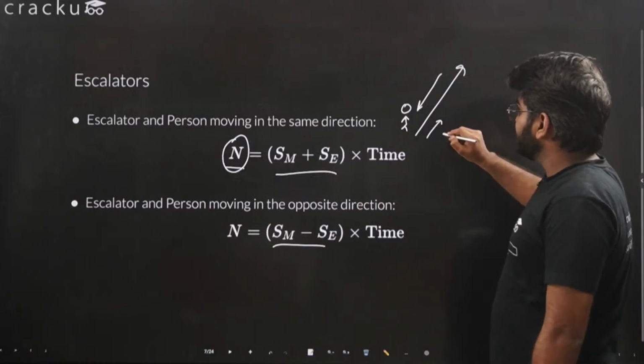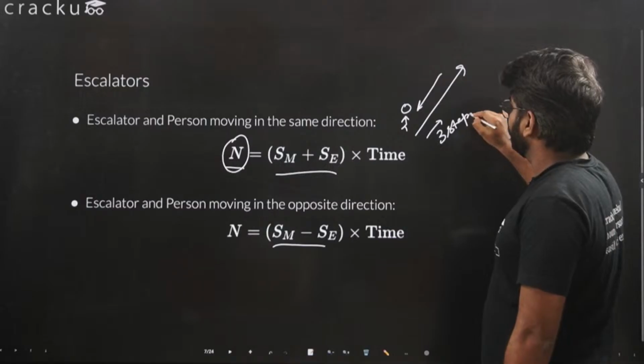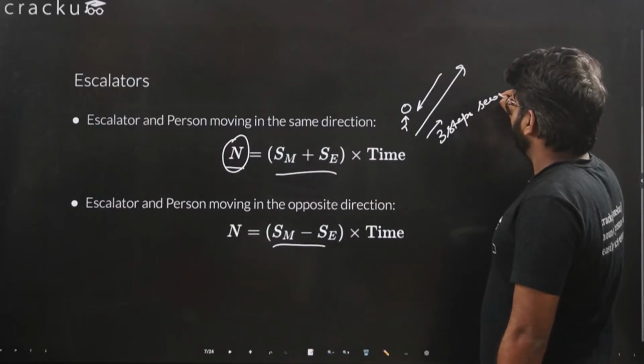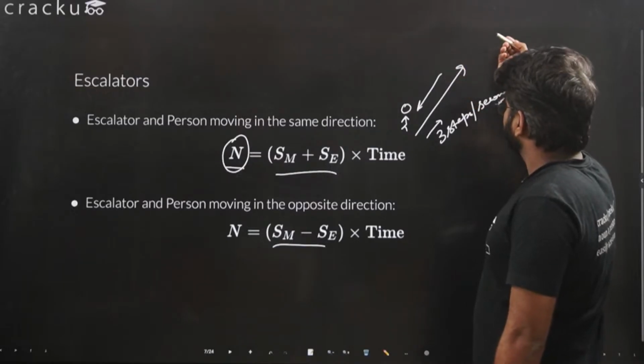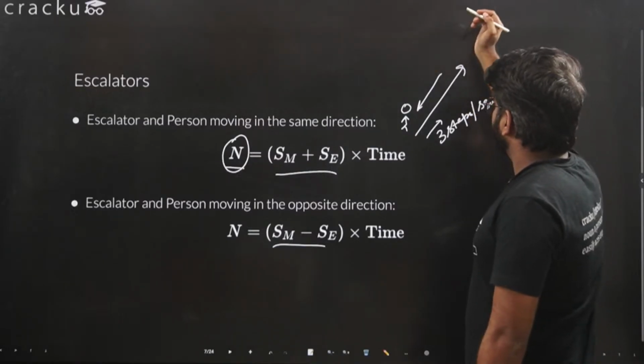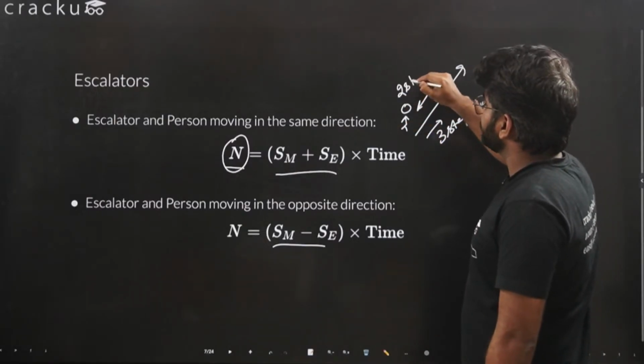Let's say the escalator is moving 3 steps per second and the person is trying to reach down with only 2 steps per second.